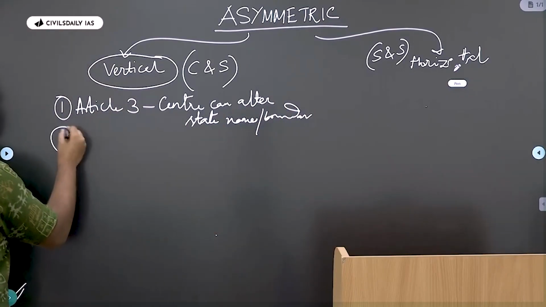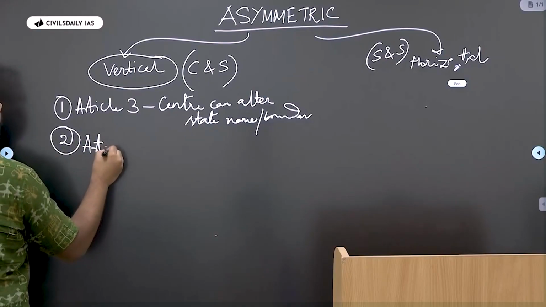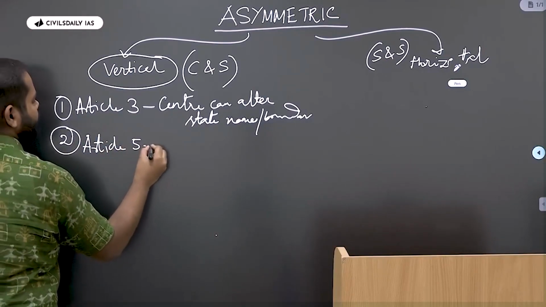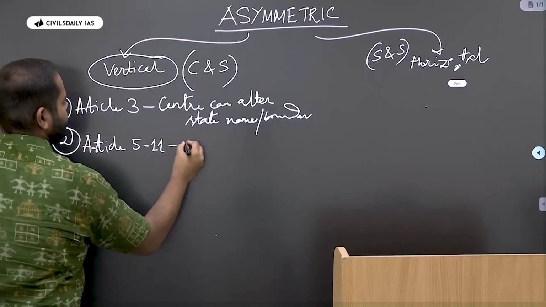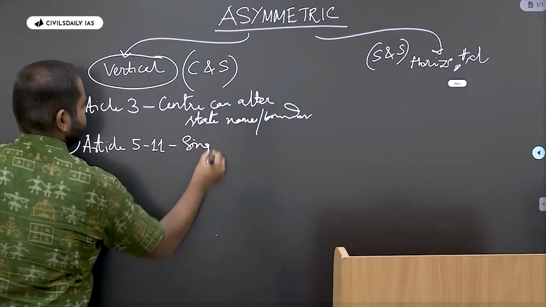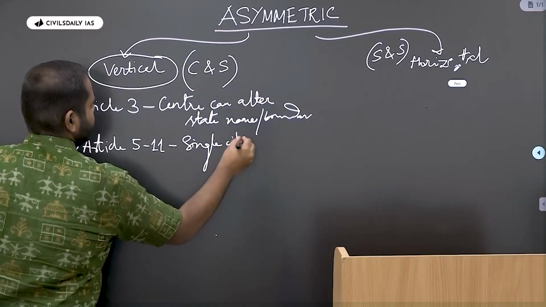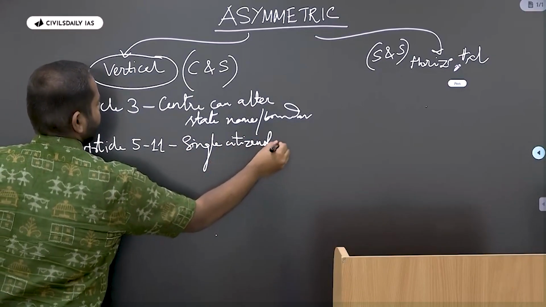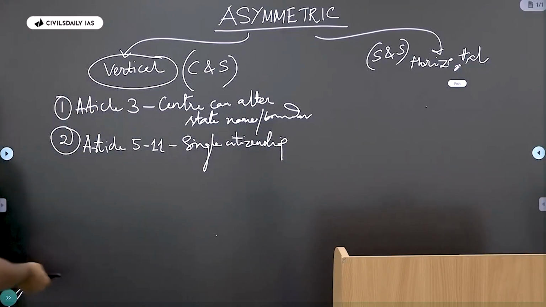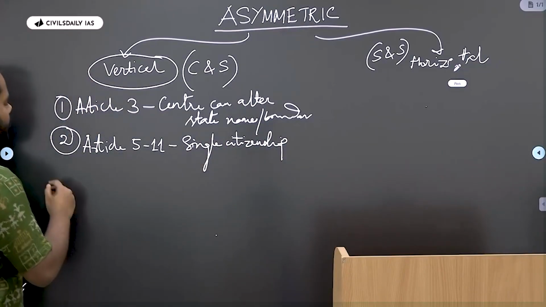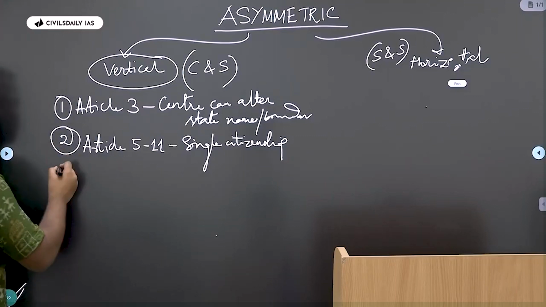The second one, Articles 5 to 11, which talk about single citizenship, unlike the American model of federalism, which is the benchmark for a federal structure.